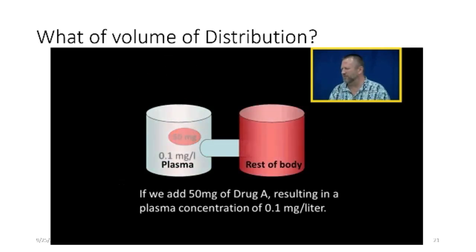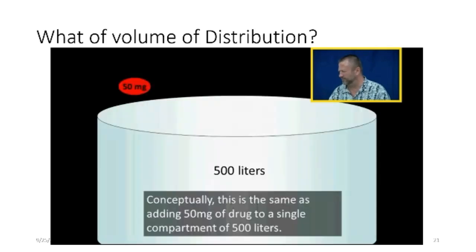So if we add 50 milligrams of drug A, resulting in a plasma concentration of 0.1 milligrams per liter, conceptually, this is the same thing as adding 50 milligrams of drug to a single compartment of 500 liters.